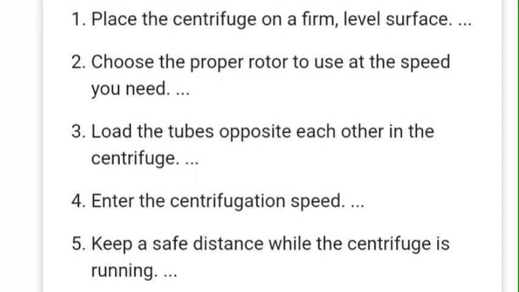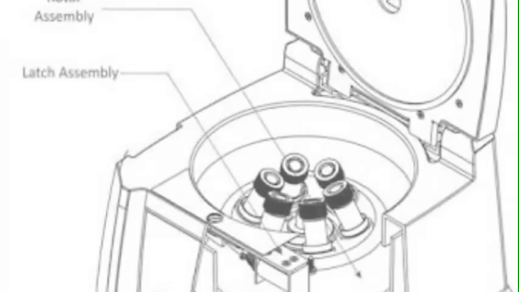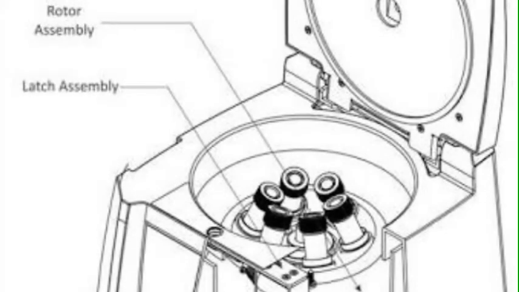Enter the centrifugation speed by the digital knob or manual knob, and next keep a safe distance while the centrifuge is running, and last turn off the centrifuge if it is wobbling. Wobbling means if you don't balance the tubes, then the machine will be wobbling.